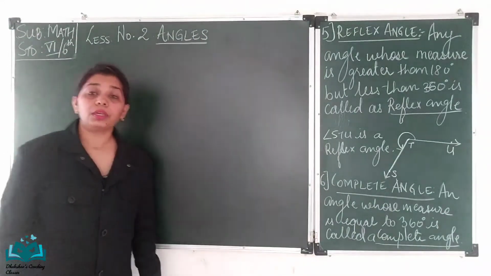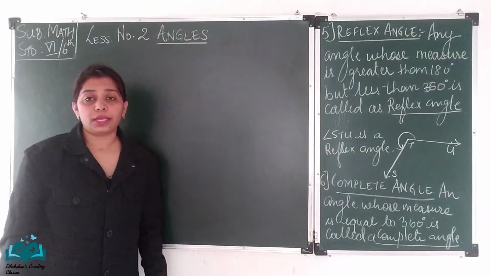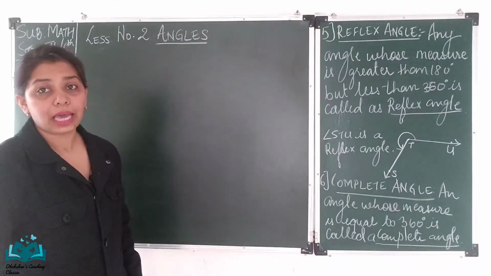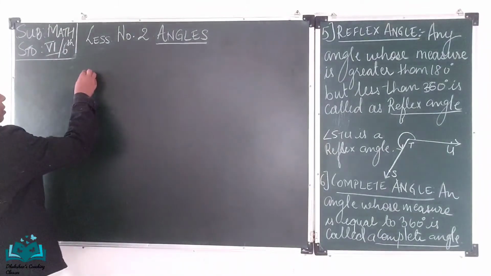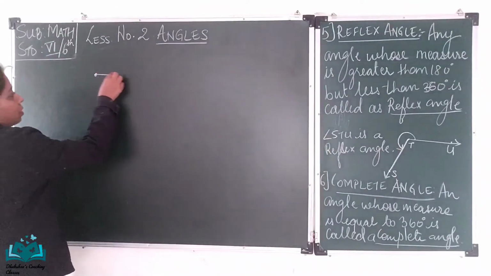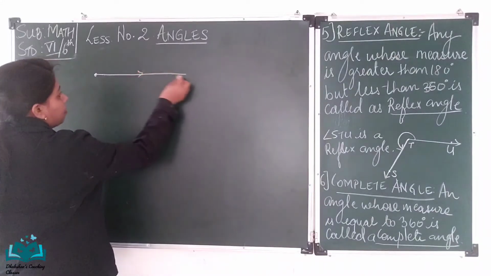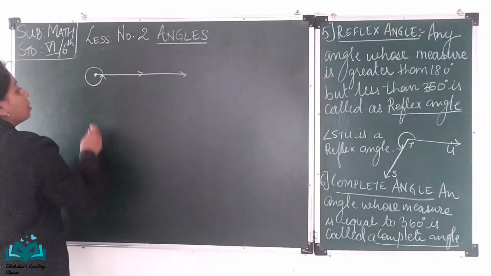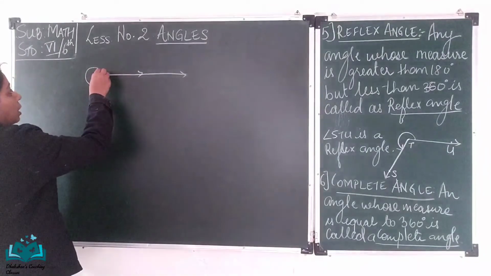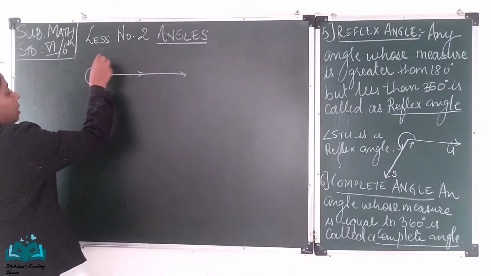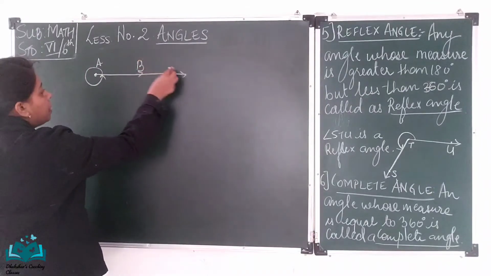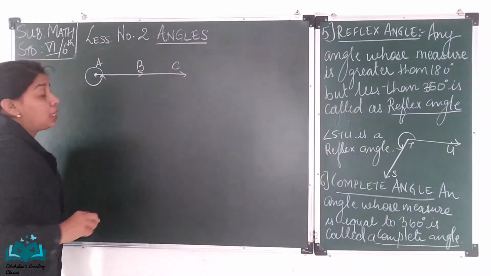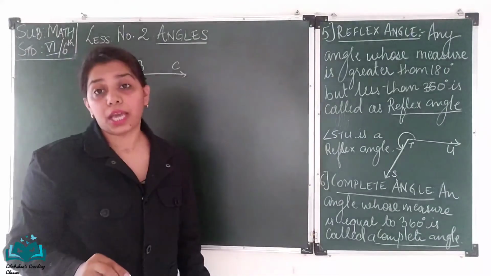I will be showing what exactly is your complete angle. Angle ABC is your complete angle.